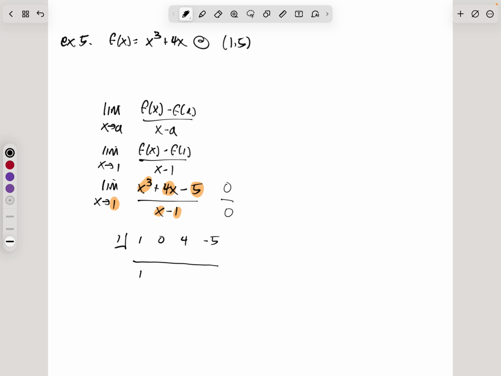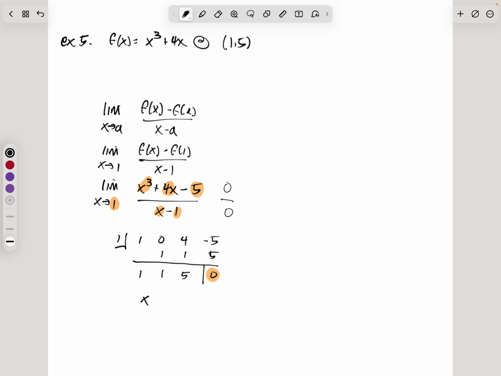Then 1 times the 1 is 1. We add 0 plus 1 is 1. 1 times the 1 in the box is 1. And then 5, and 1 times 5 is 5. That's 0. Yes, because the remainder is 0, x minus 1 is indeed a factor.